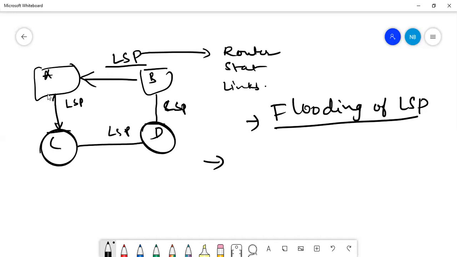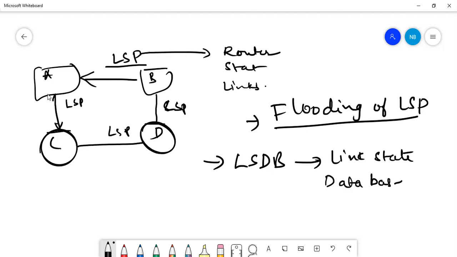And also one more thing, every router will have one database. Okay, what is that? LSDB. LSDB is nothing but the link state database. Link state database is nothing but a table.